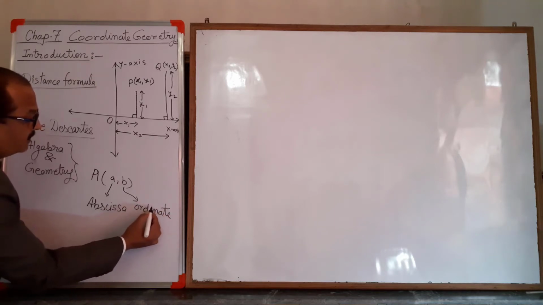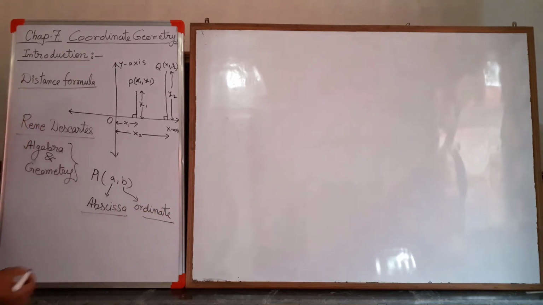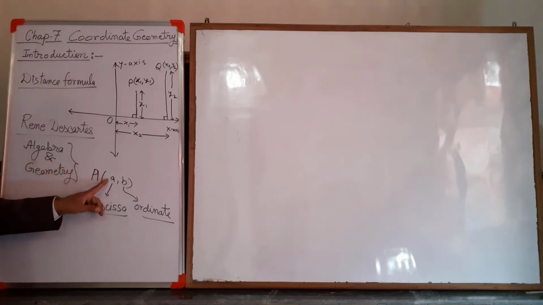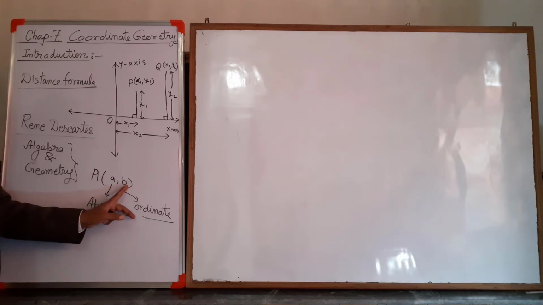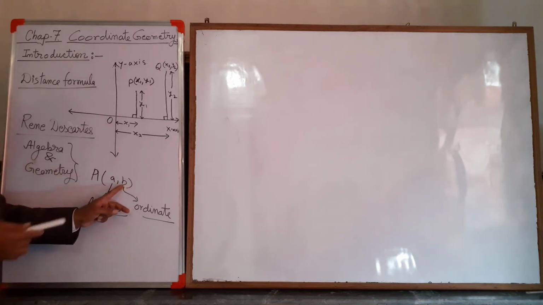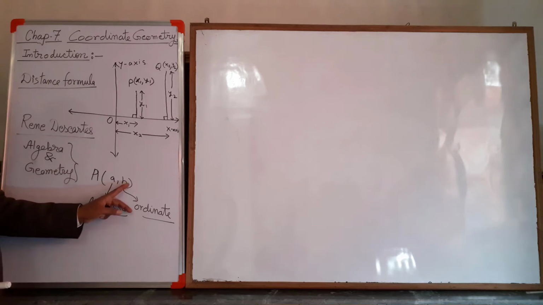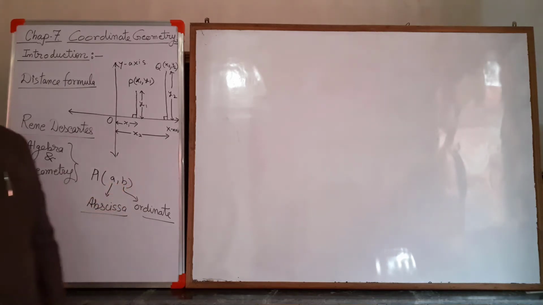So by observation, if any point is given you can say distance of point A from y-axis is A unit and distance of this point A from x-axis is B and it is denoted by ordinate.